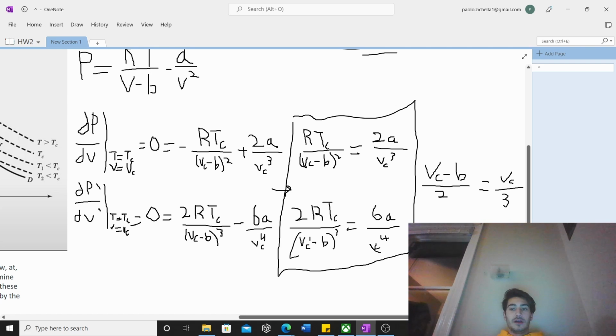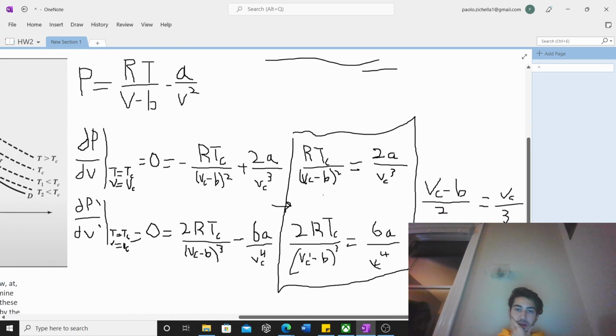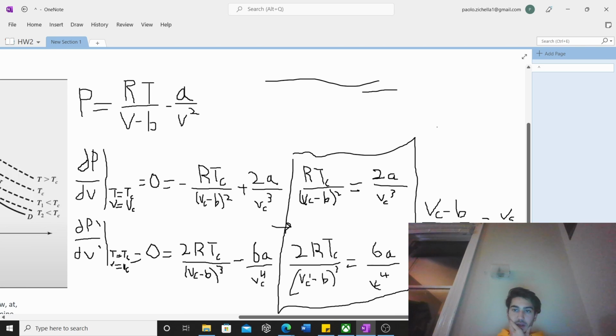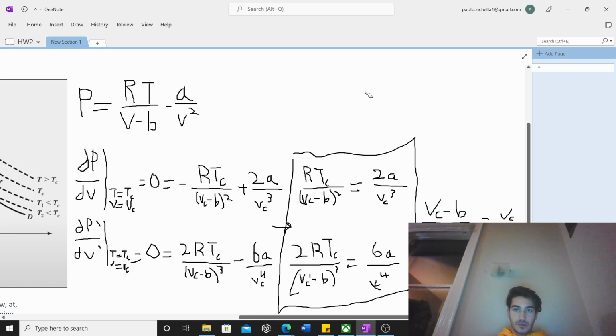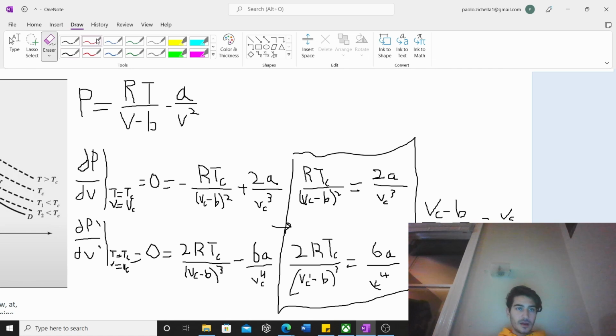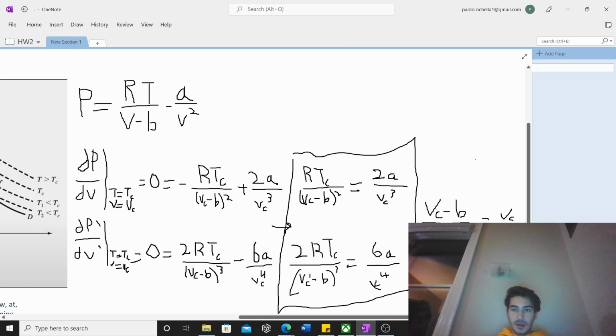Now we can plug this value for b back into an equation to solve for a. Plug it back into this equation up here, the first derivative. Clear this out real quick so I can work it up here. So let's plug in b, which is equal to Vc over 3, into this equation.